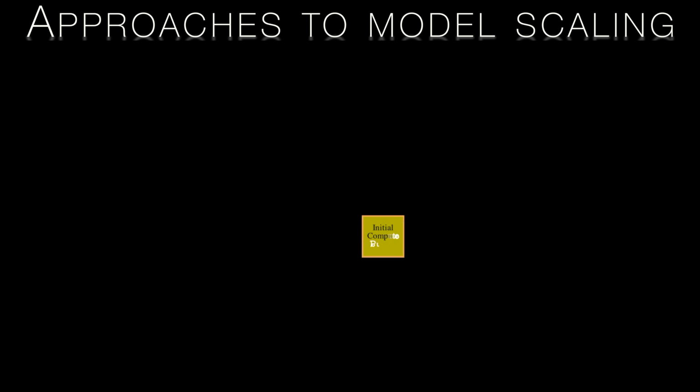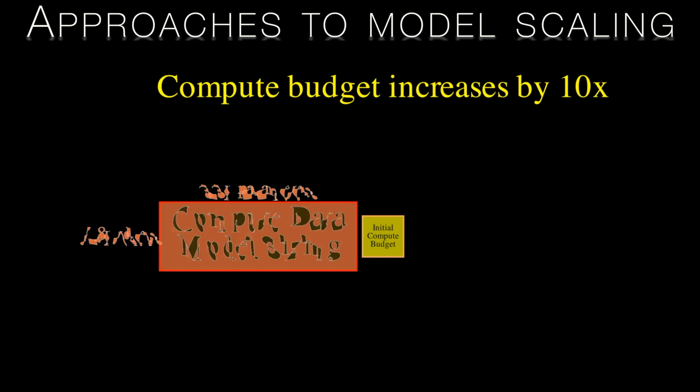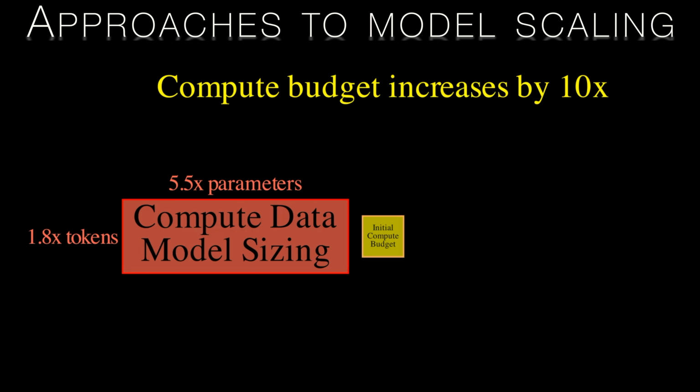Under this approach, for a 10x increase in compute budget, the number of parameters would increase by 5.5 times and the amount of training data by 1.8. The second approach, Chinchilla Scaling Laws, found that parameter sizing and token amounts should be increased in the same proportion.